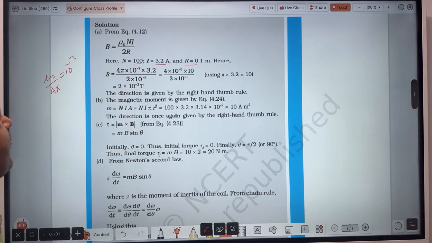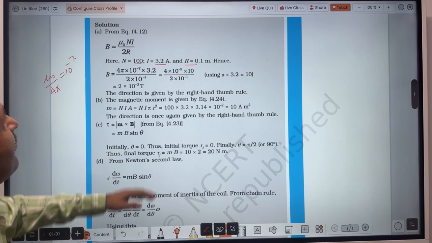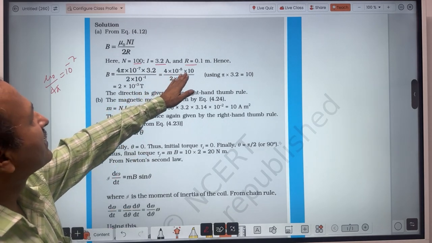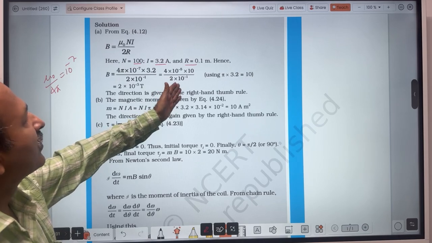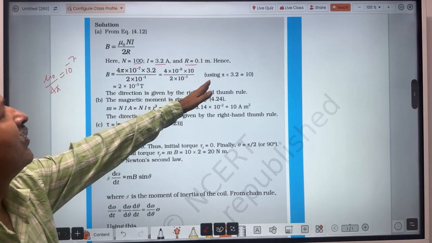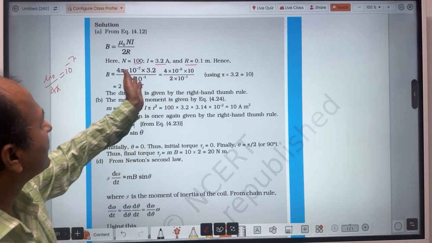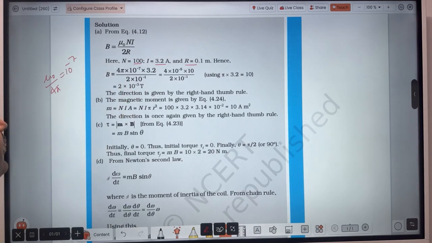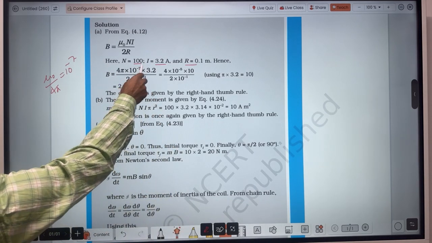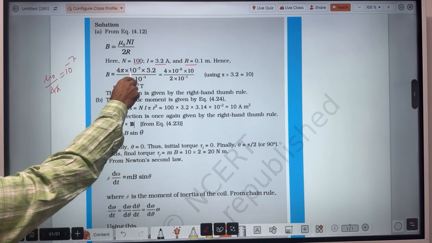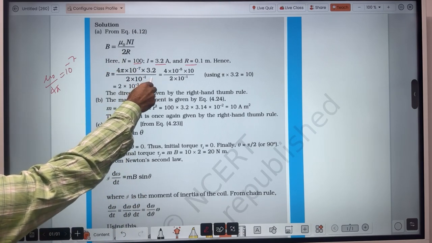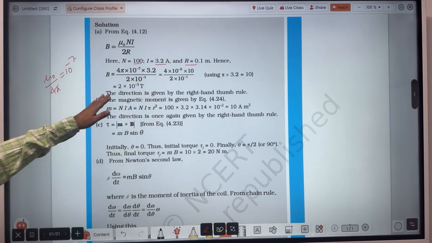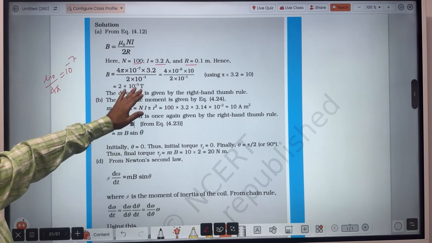So after putting values, what do we get? 4 into 10 power minus 5 into 10 divided by 2 into 10 power minus 1, and the value of pi into 3.2 is given as 10. So that you can understand, because we are just putting the values. The way you like, you can put, because you will see that 100 is missing, etc. So don't worry. When you put, the same thing will appear finally. So it will be 2 into 10 power minus 3 Tesla.